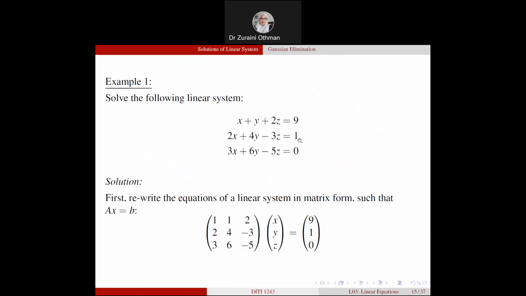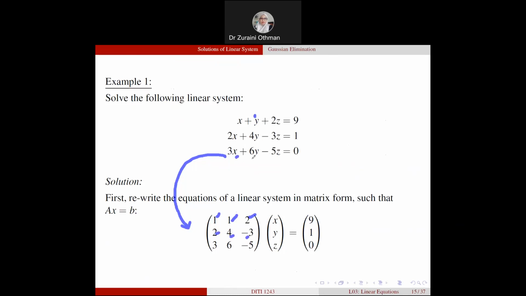Now we move to Example 1. We have to convert from this linear equation to this matrix system. So this linear equation becomes 1 times x, so it becomes 1, 1 times y becomes 1, and 2z, so here is 2. Then 2x, 4y, negative 3z, so we put 2, 4 and negative 3.